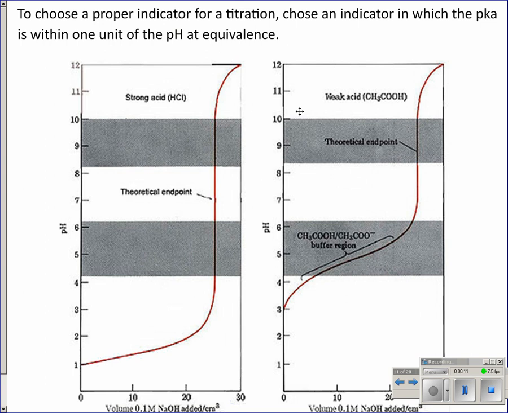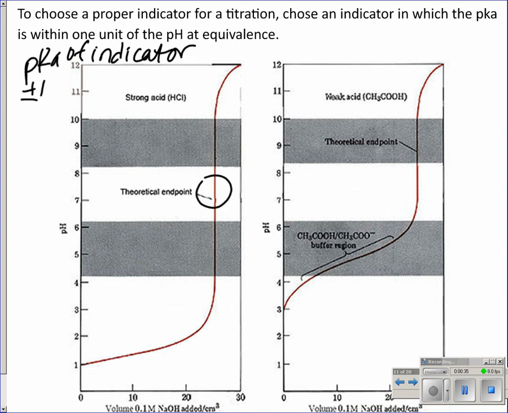All right, so in these types of curves, you're able to choose your own indicator. The way you would choose your indicator is based on the pKa value of the indicator. So if you know the Ka, then you find the negative log of the Ka to get the pKa, and then you choose an indicator where if you do plus or minus 1 of the pKa, it's equal to the equivalence point of your acid-base titration.